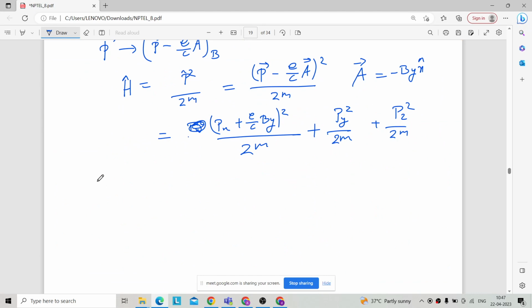I can write down the Schrodinger equation for this: H psi of r is E psi of r, right?